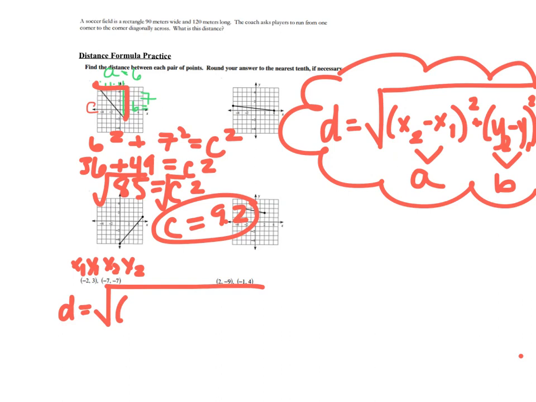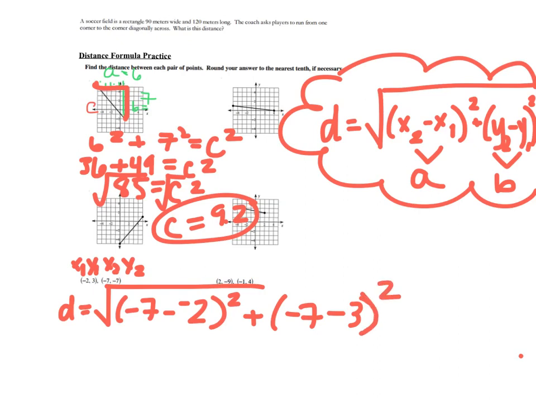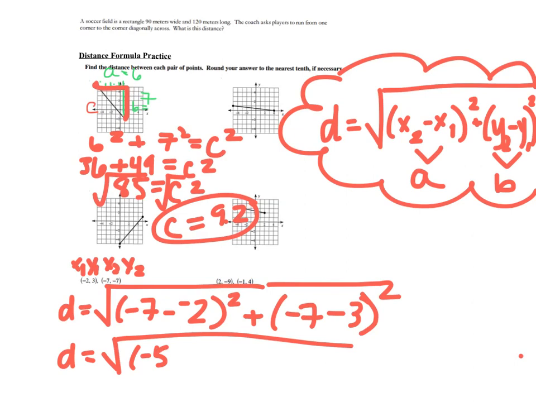To find a squared, I do x2, which is -7, minus x1, which is -2. That gives me a. And then if I do y2 minus y1, that essentially gives me b. So my first leg is -5 squared.